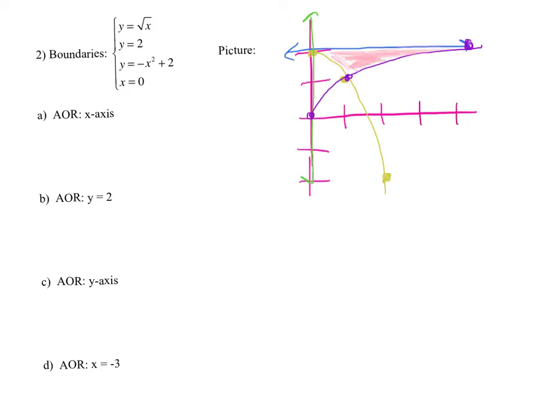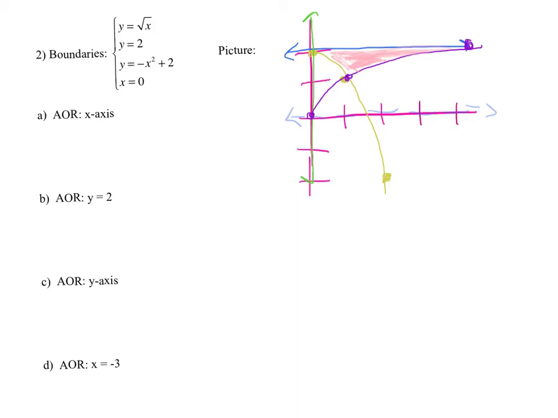So first we want to rotate this area along the x-axis. So we have our axis of revolution right here. This will definitely be a washer type of problem.